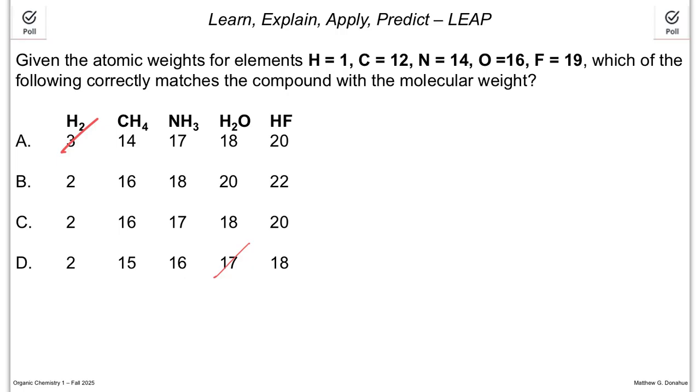What do we think the answer is? C. So C. So all we did was take the element, look at its atomic mass, and then multiply it by the proportions, and then add those numbers together.